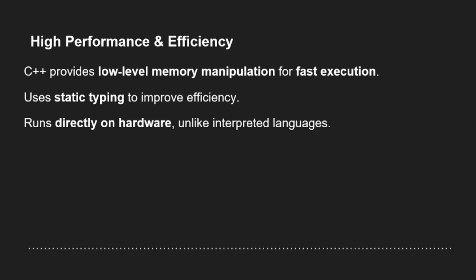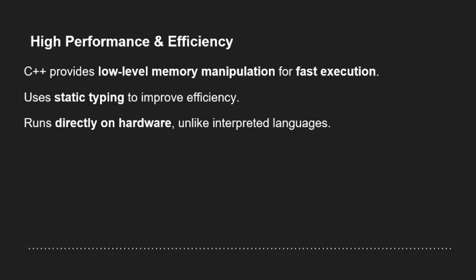We use C++ in game development because it helps execute things like character movement in a very fast and effective way. It has improved efficiency compared to other languages because it works directly with the hardware. We can simply target the hardware and run the code.